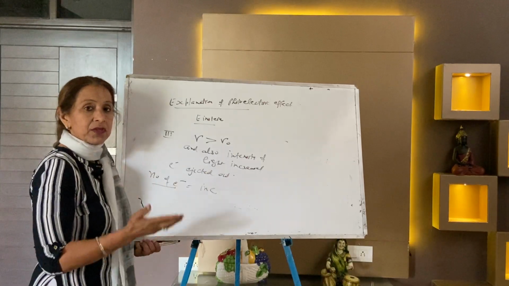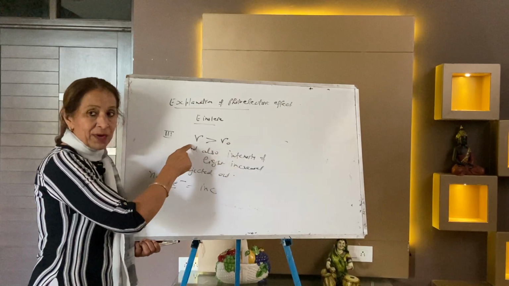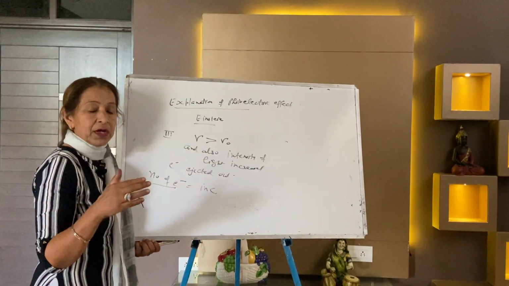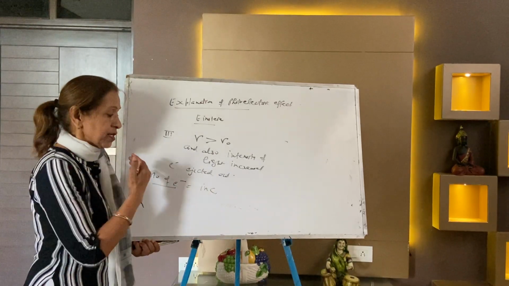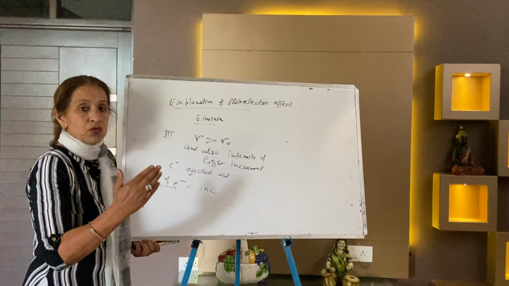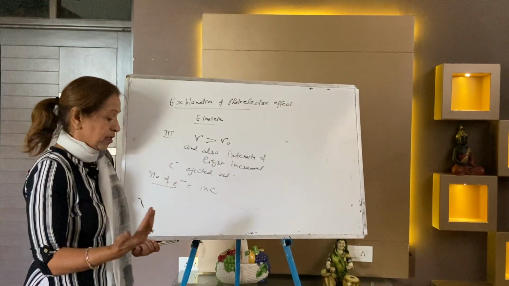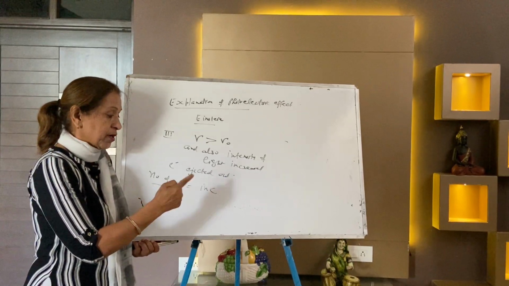Again listen, third point. Frequency as well as intensity both increase, and electrons are ejected out. Then what is the difference between the first, second and the third? The number of electrons increases.